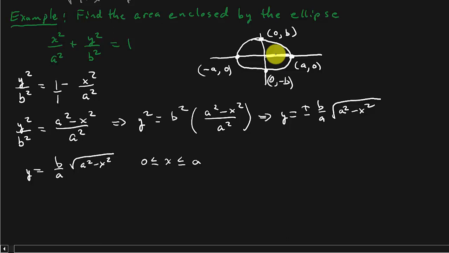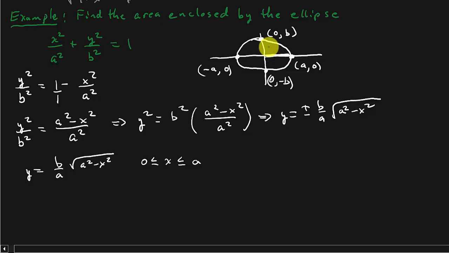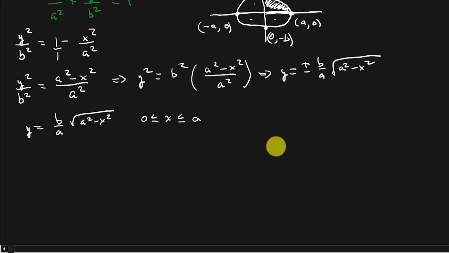Now, let's talk about this for just a second. To find the area enclosed by this ellipse, I'm going to find this area, and then I can multiply it by 4 and that'll give me the area inside the entire ellipse, because all of these regions are symmetrical.